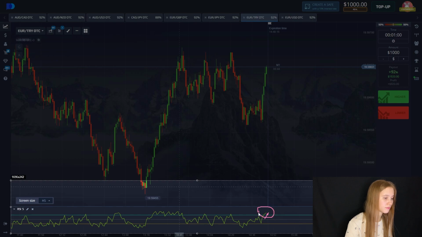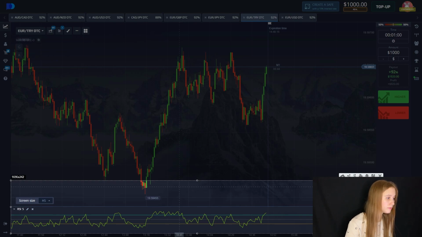This is a regularity, and respectively the lower 30 is an oversold area, and correspondingly when RSI gets there it should go up. And we also have an area marked 50.